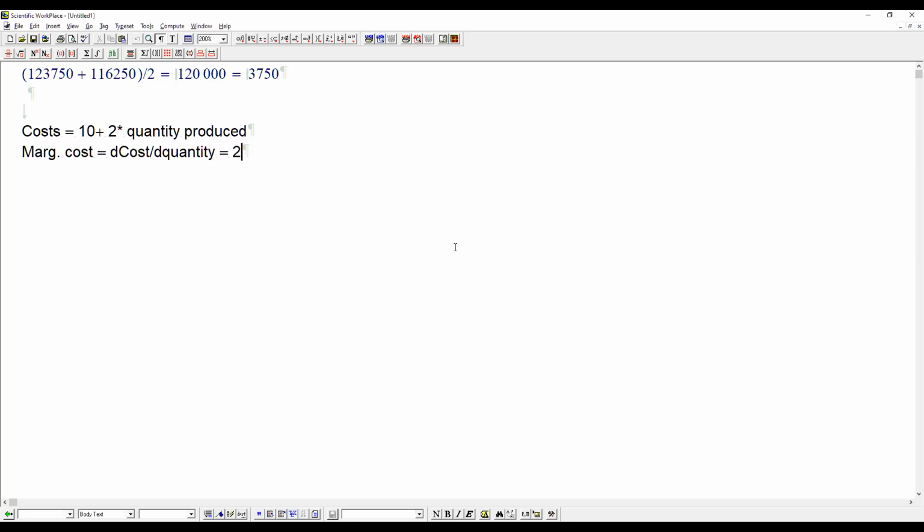So the variable is the quantity produced. Okay, so if in an exam they ask me for the marginal cost of something and I have the formula for the cost, I can just take the derivative and it's gonna give me the answer.